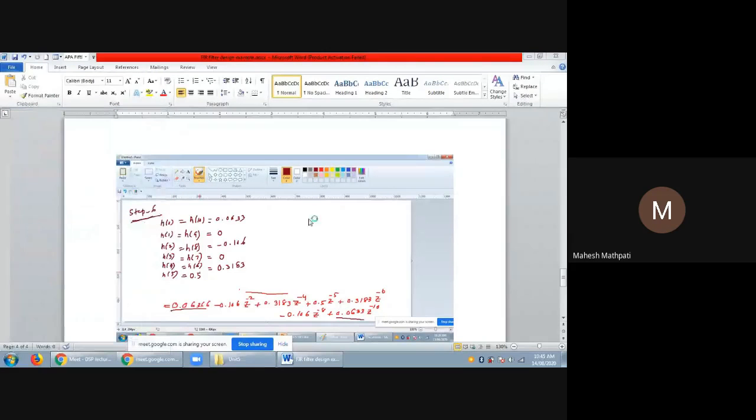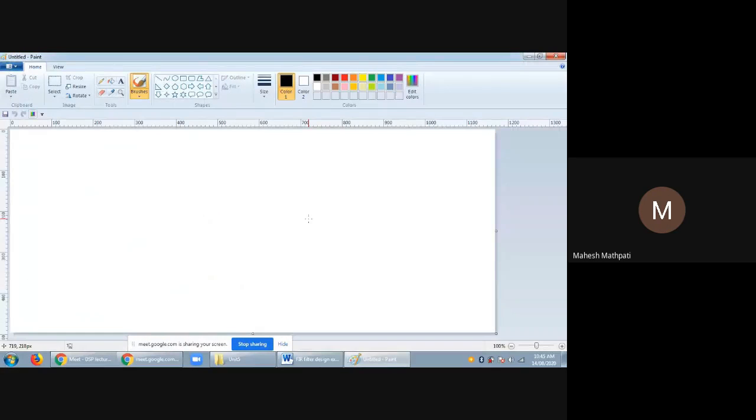Now let's move to step 7. What is step 7? Step 7 is to find the frequency response. We are calculating the frequency response.